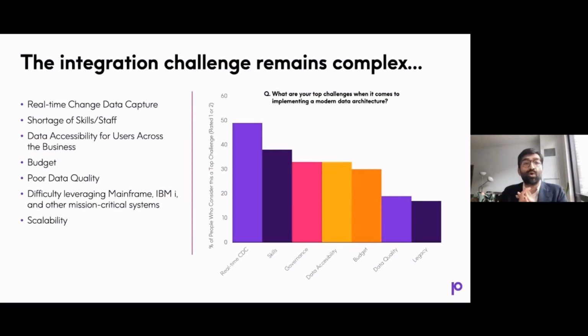Number one was this whole concept of capturing changes to my operational systems in real time or near real time. Why? Well, the goal is to keep data within these data platforms, analytics platforms, in sync with ongoing business operations.